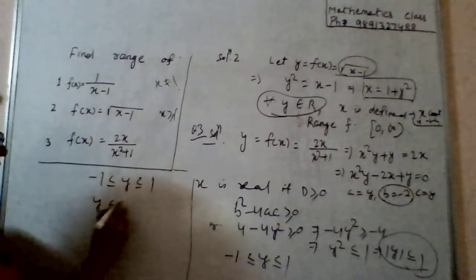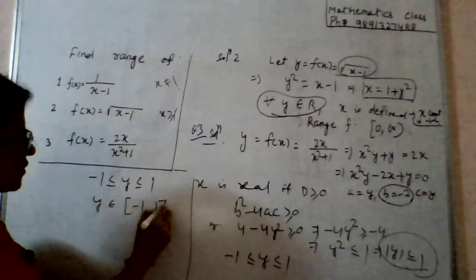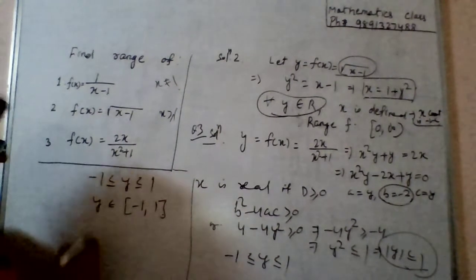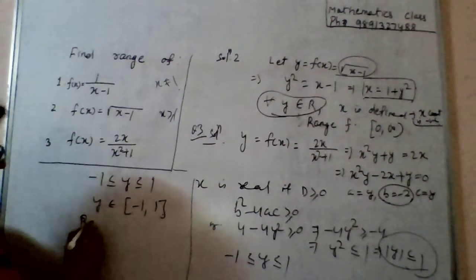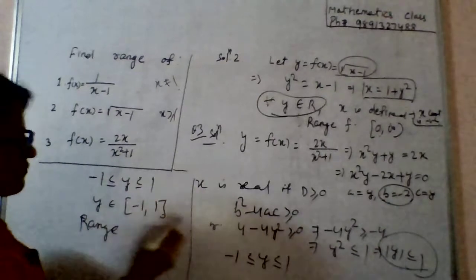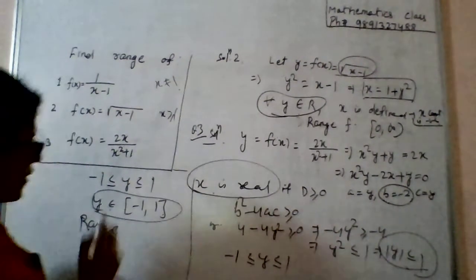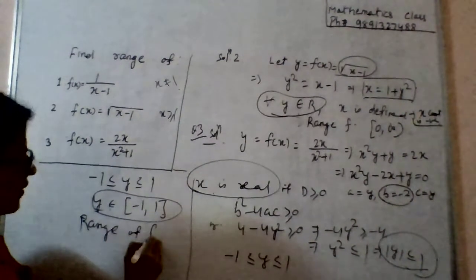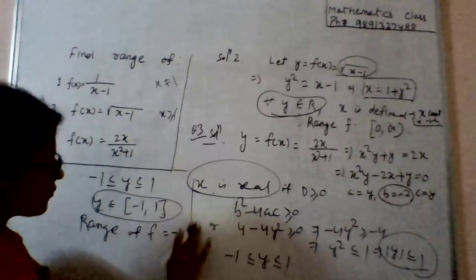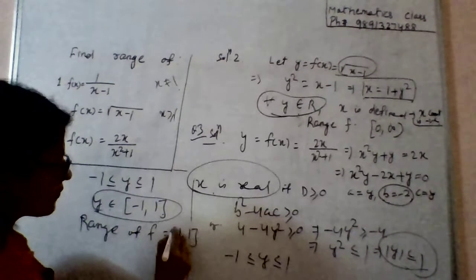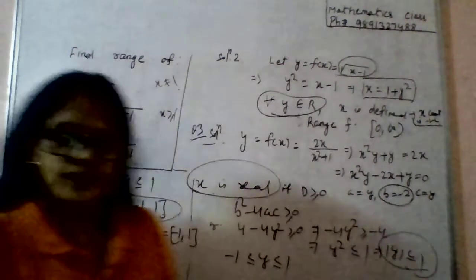So it means y belongs to the closed interval [-1, 1]. For these values of y, x is real, x is defined. Range of f equal to the closed interval [-1, 1]. Okay, so is it clear?